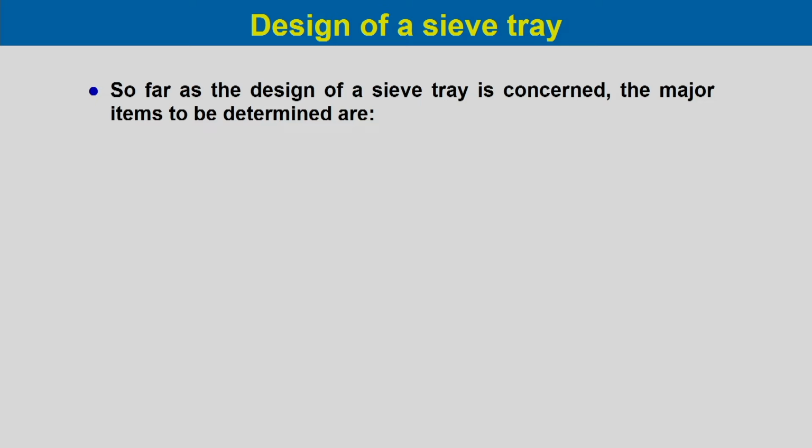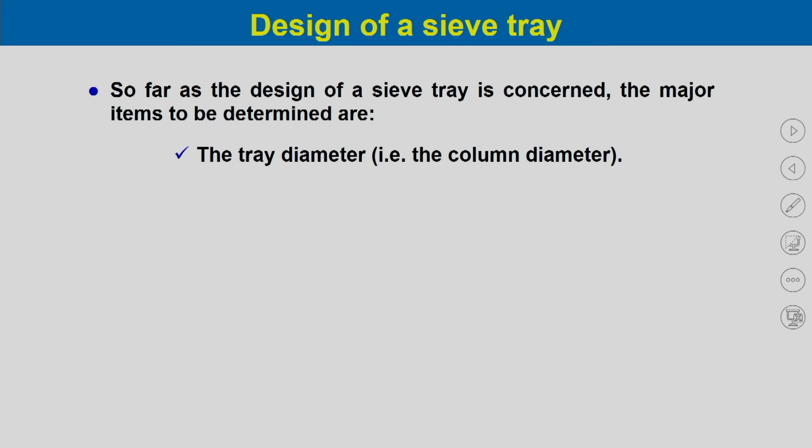So far as the design of the sieve tray is concerned, the major items to be determined are the tray diameter. So, we need to know what would be the tray diameter, that is the column diameter, the column internal diameter. So, that has to be determined. The tray gas pressure drop: how much pressure drop occurs because of the flow of the gas from one tray to the other through the liquid.